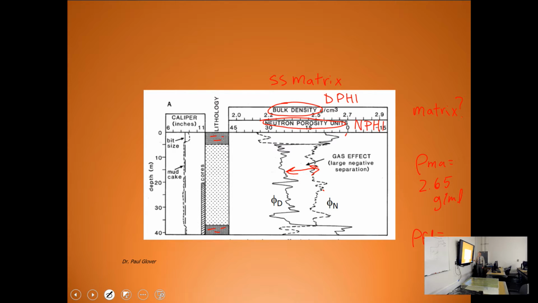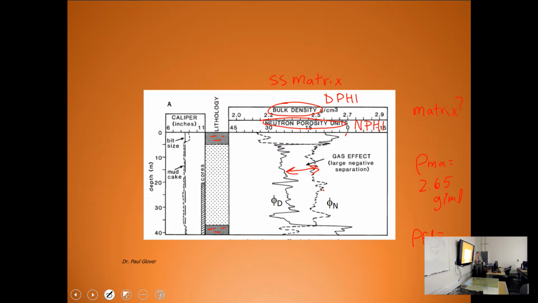But if it's counting hydrogens, it's expecting to count the amount of hydrogen you expect in water. Now, do you have the same amount of hydrogen in a jar of water versus a jar of gas at normal pressure? No, you have a lot less, okay? So it's counting a lot less hydrogen than it expects. So it's translating that hydrogen, assuming that it's water, but it's really gas, into low porosity.